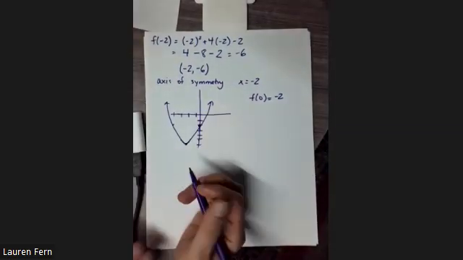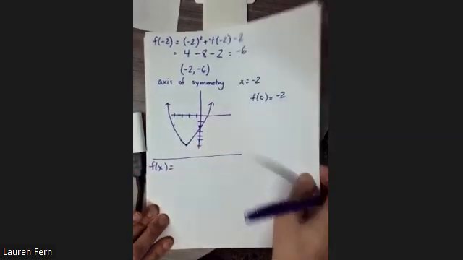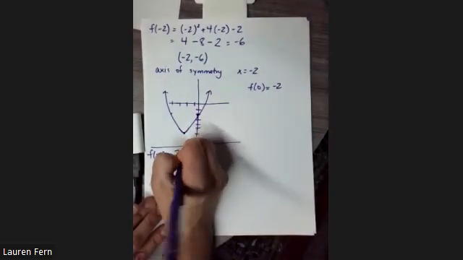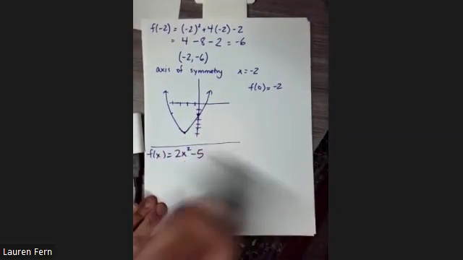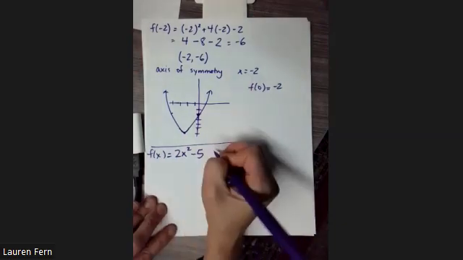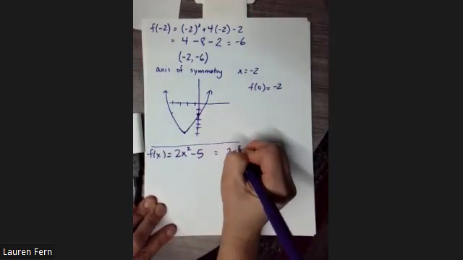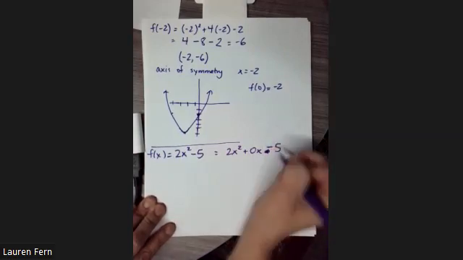All right. Well, what if I have this example where we want to find our vertex and axis of symmetry? Okay. Well, you might say, wait a minute, there's no x term. Well, sure there is. We can certainly rewrite that in this form.